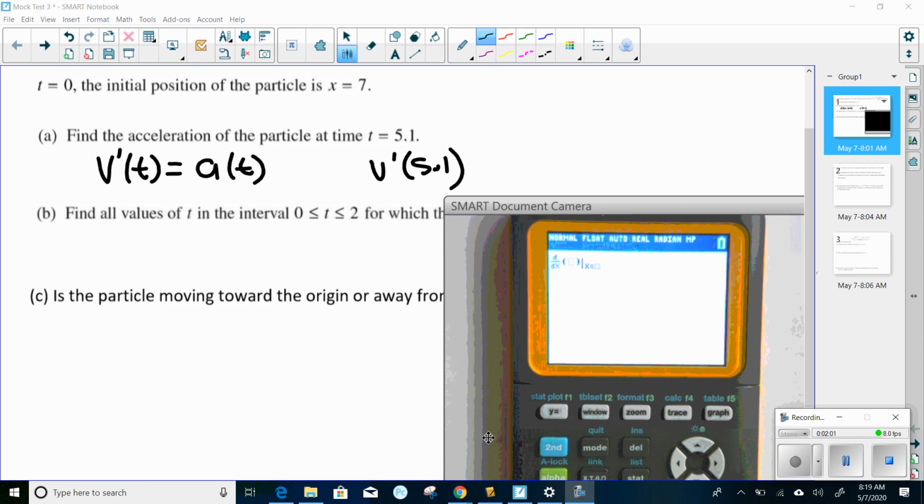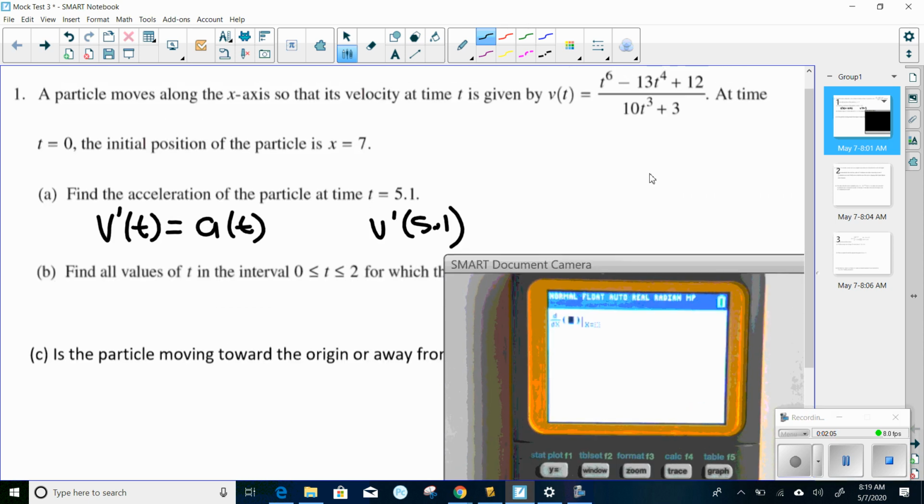So let me scroll back up a little bit so I can see our function. So we have x to the 6th minus 13x to the 4th plus 12.